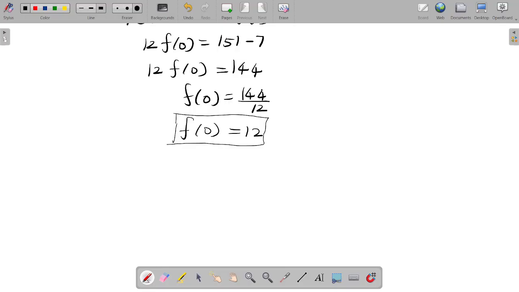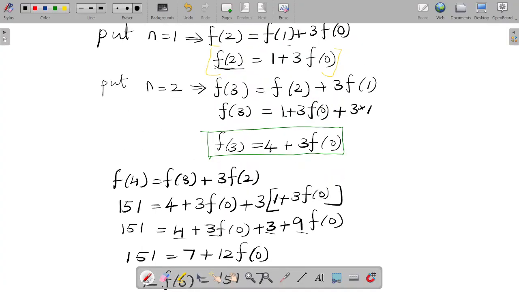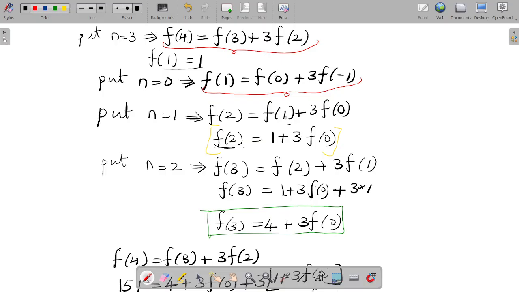Our intention is to find f of minus 1. So now we can search where is f of minus 1. This f of minus 1 is here, where is f of 1. F of 1 equal to f of 0 plus 3 times f of minus 1. If we substitute the f of 1 value and f of 0 value in this equation, we can find f of minus 1.